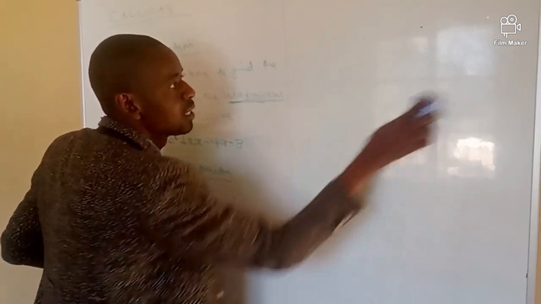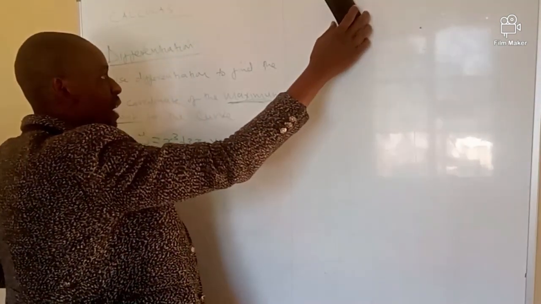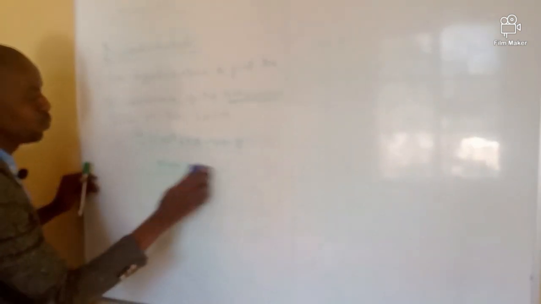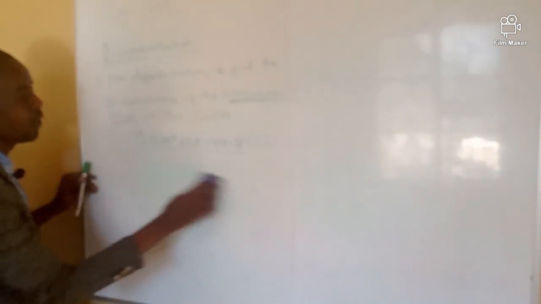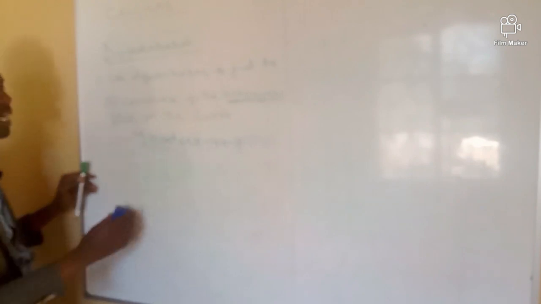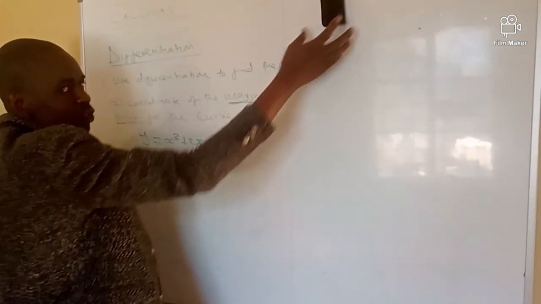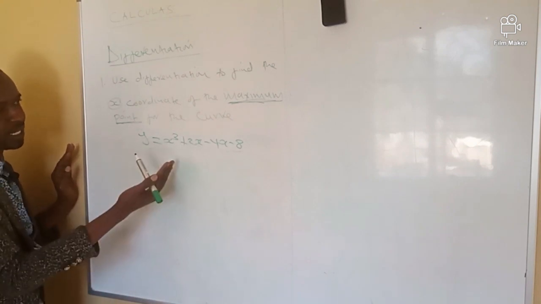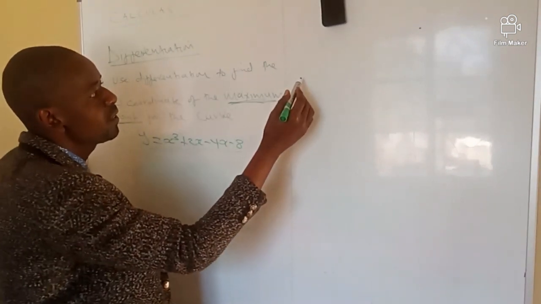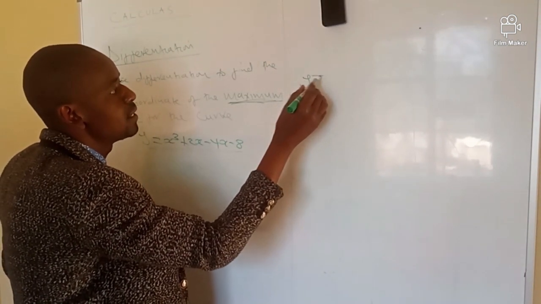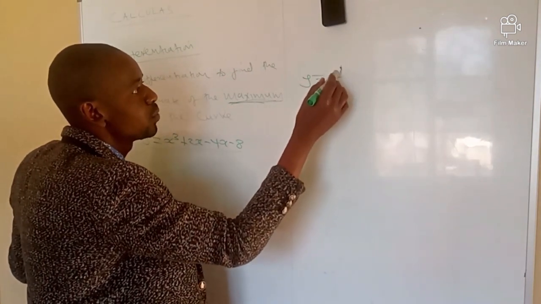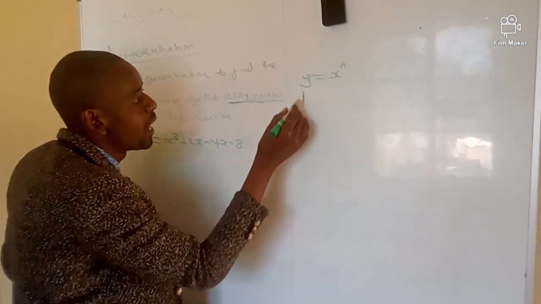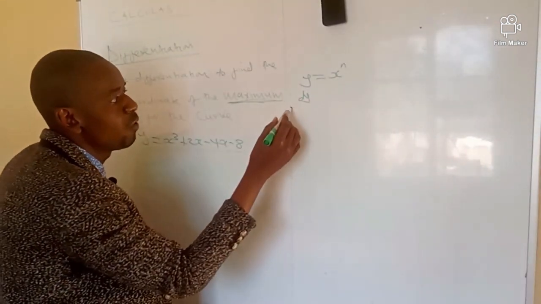So when you are given a question like this, the first thing to do is to differentiate that polynomial so that you get the gradient function of that curve. But before we look at this, if you're given y is equal to x raised to n and you want to differentiate, then dy over dx, which is the change in y over change in x.